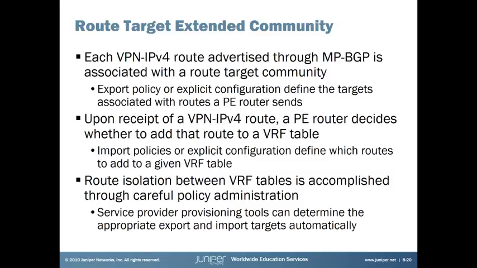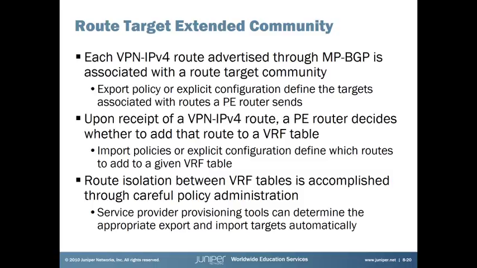So upon receipt of a VPN IPv4 route, a PE router decides whether to add that route to a VRF table, through import policies or explicit configuration. So there's two ways of doing it. We can have an import policy, or we can explicitly configure a route target as part of our BGP setup. This will define which routes to add to a given VRF table.